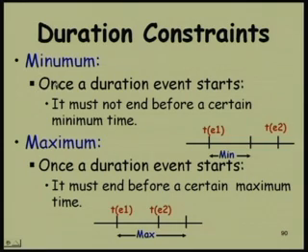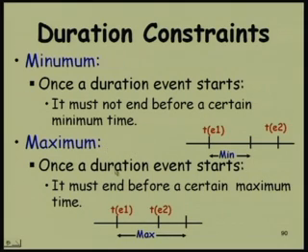Now, let us look at this minimum duration constraint. Once the duration event starts here at E1, the end of the duration event must occur after the minimum time. So, this is the delay after which E2 must be produced, otherwise there will be a violation of this minimum constraint.